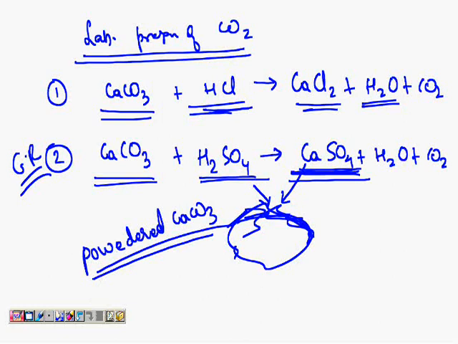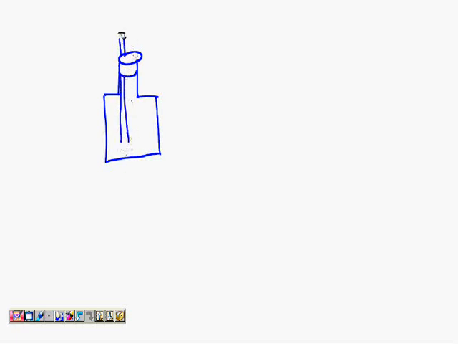Now we will go to the laboratory apparatus. You can draw any kind of figure: either a conical flask or even a round bottom flask. It has a double-holed cork. One hole will have a thistle funnel which is long enough.